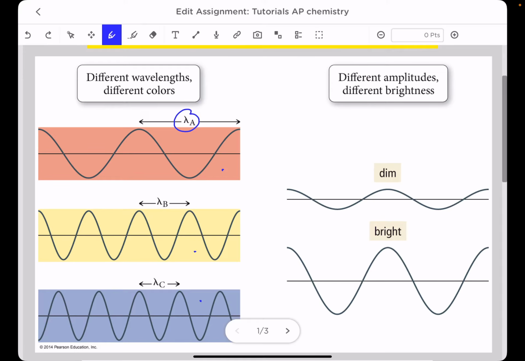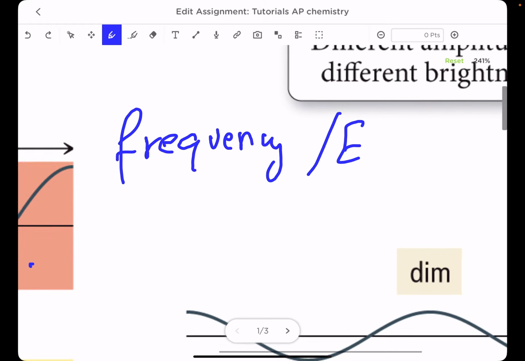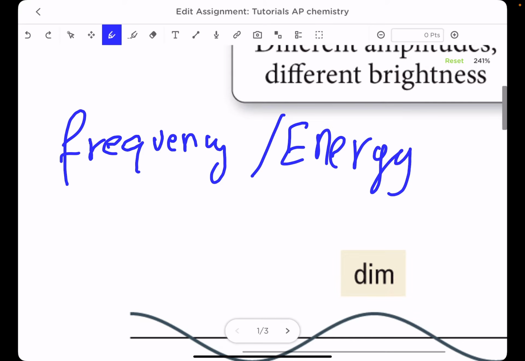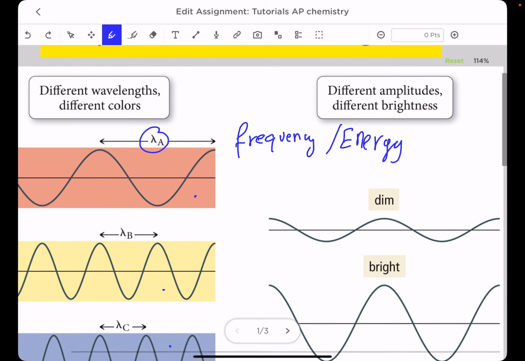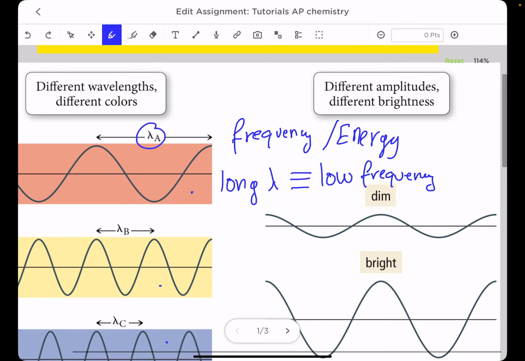The length of lambda is related to the frequency of a wave, and when we say frequency, we also mean energy. You have to keep this in mind. A long wavelength corresponds to a low frequency light, which means a low energy light.